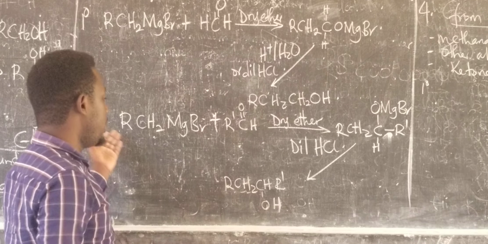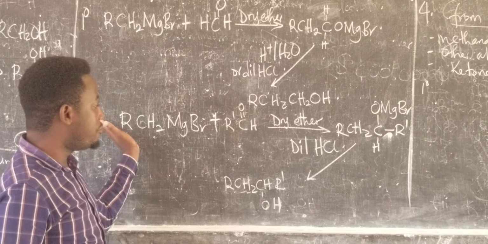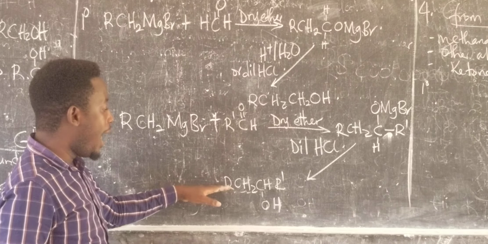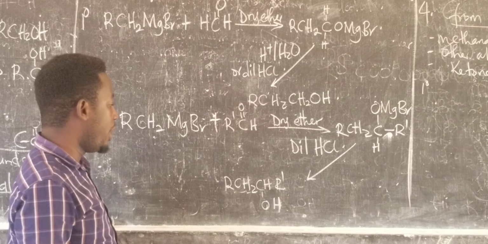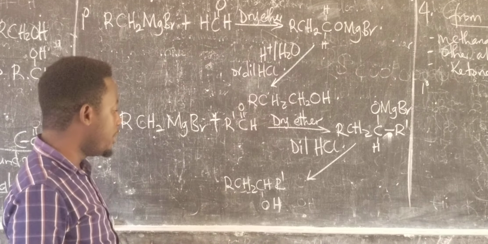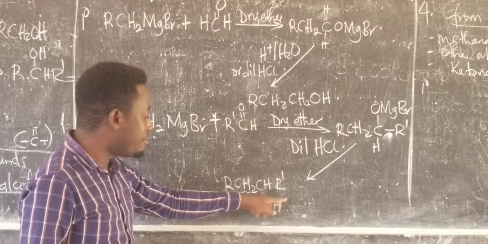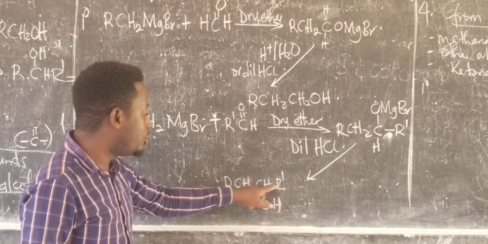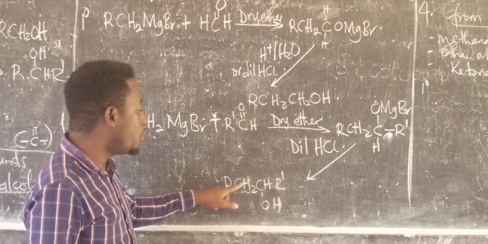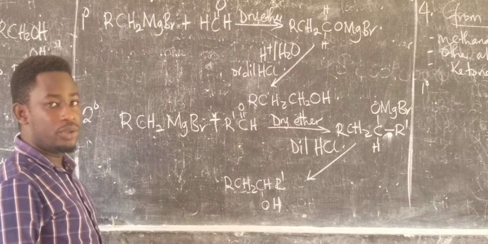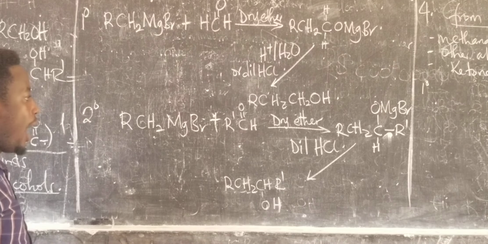So this reaction has led to formation of a secondary alcohol. Why? Because the carbon with the functional group has two alkyl groups attached to it. So that is the secondary alcohol.